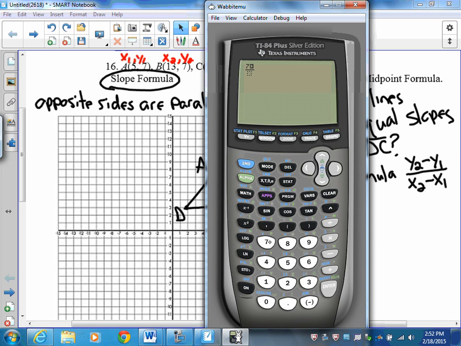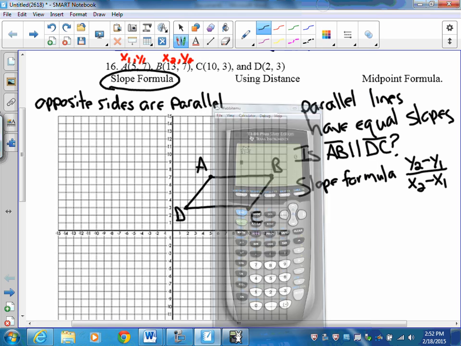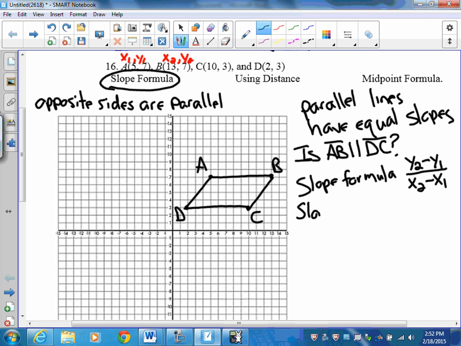Y2, 7 minus y1 over x2 minus x1. That's 13 minus 5. So the slope is 0. So the slope of AB is equal to 0.